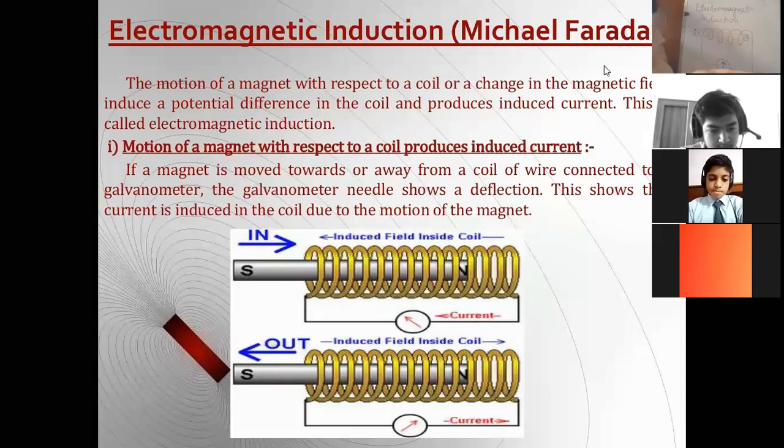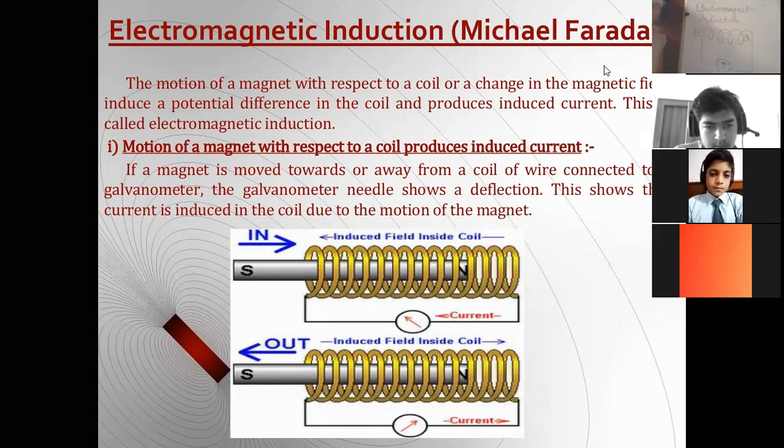One of the ways of inducing current in the coil is this experiment: keeping the magnet stationary and moving the coil, or keeping the coil stationary and moving the magnet.